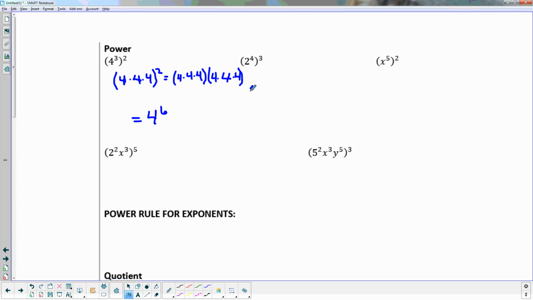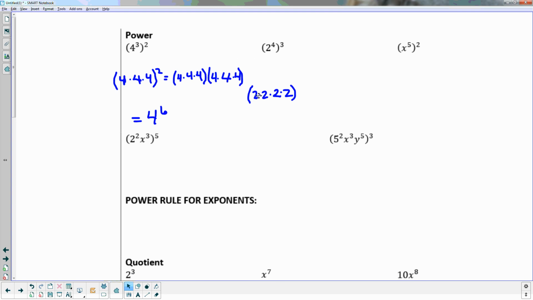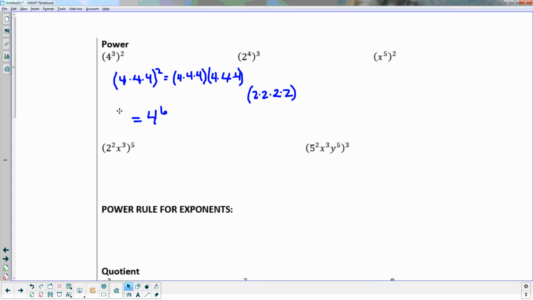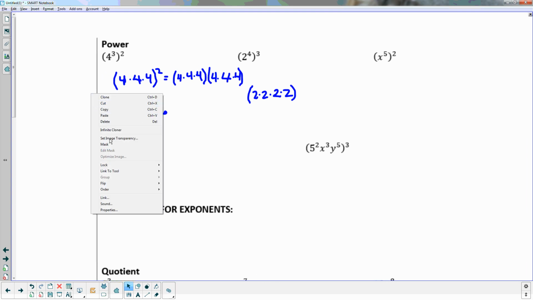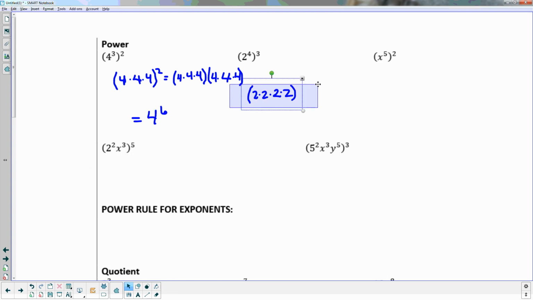So the next one is 2 to the 4th, which is 2 four times, as painful as that is.